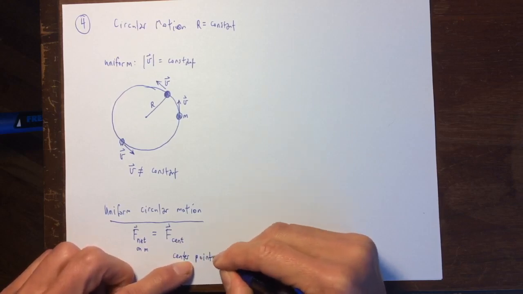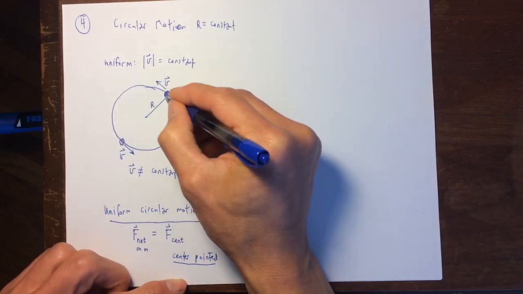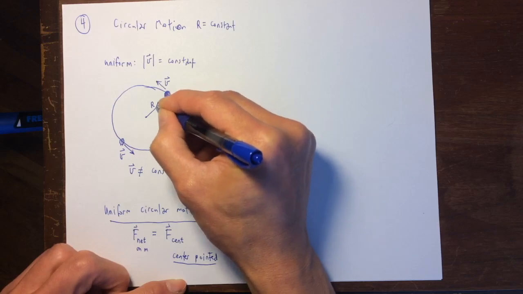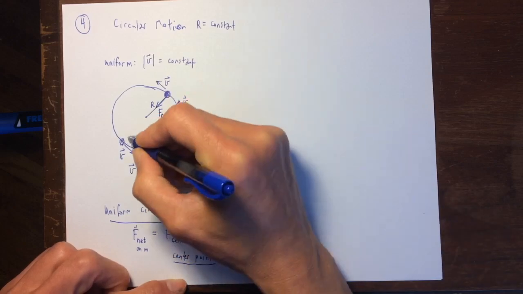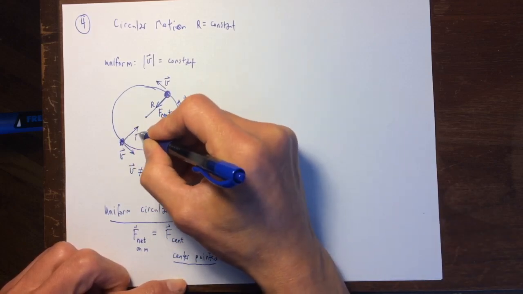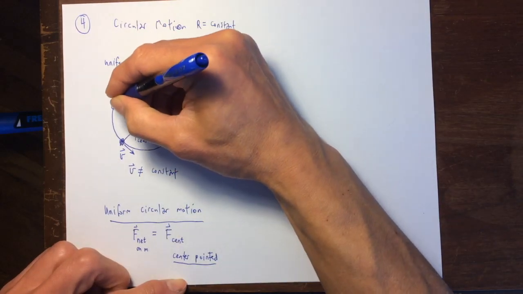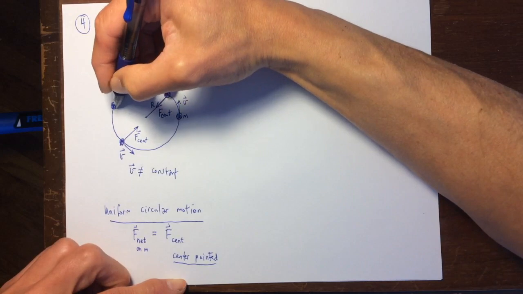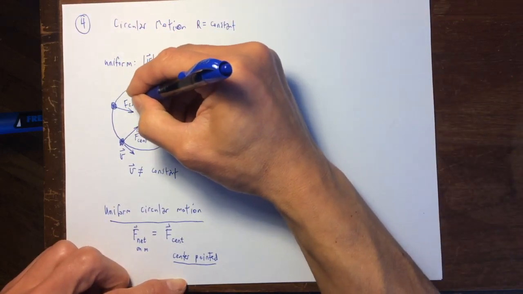Centripetal means center pointed. So the centripetal force on the object when it is here is center pointed. And when the object is over here, the centripetal force is this way. And if the object is here instead, the centripetal force is this way. It always points towards the center.